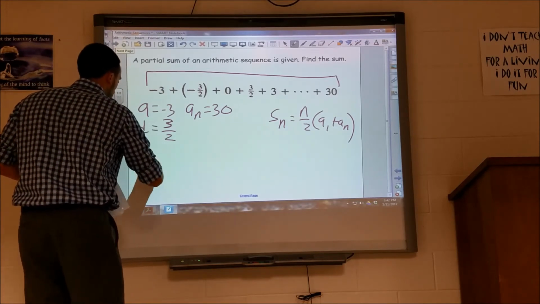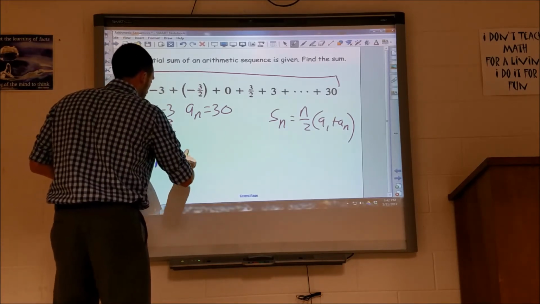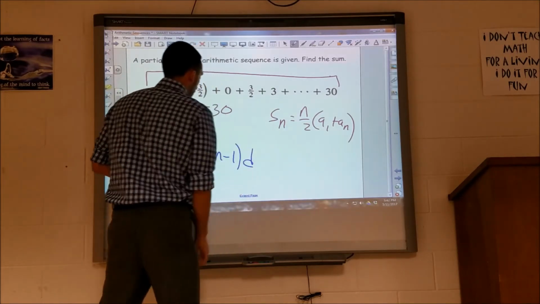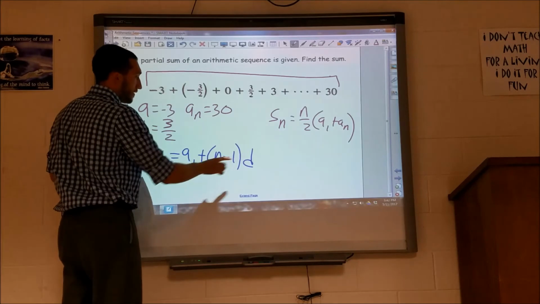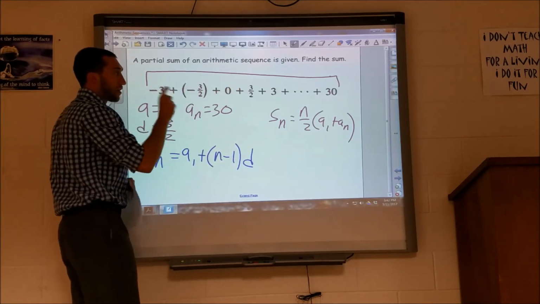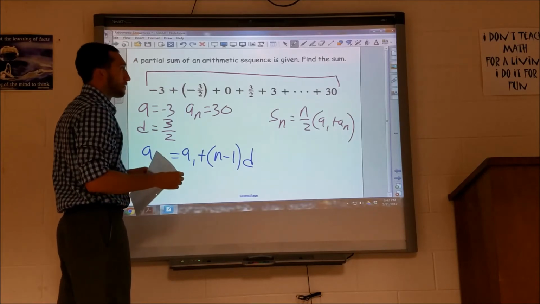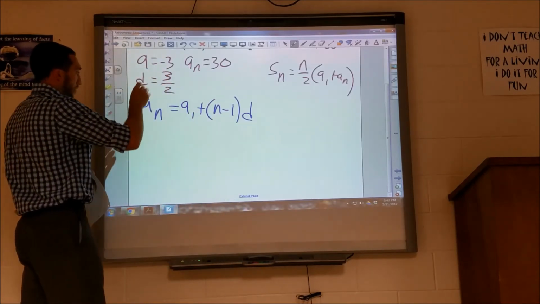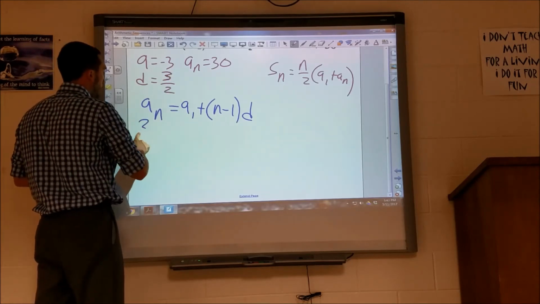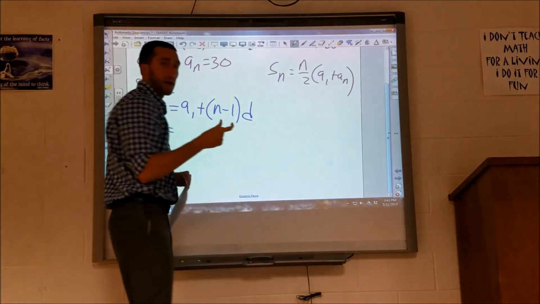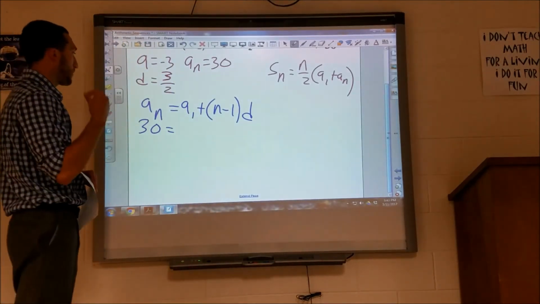So let me write the arithmetic sequence formula down again. So I'm going to use this formula to see how many terms I have in the sum, and then I can go ahead and solve for the sum. So my a sub n, they told me was 30. That's the last term in my sequence, right? That's what a sub n represents, the last term, the nth term.